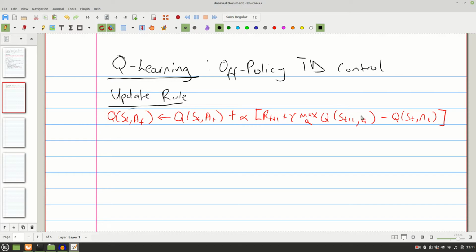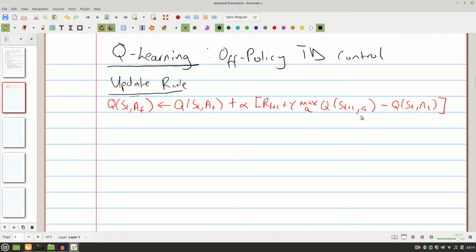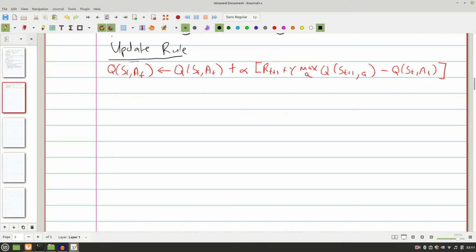Having said that, I'm going to start going through the pseudocode for this, keeping it standard as usual. This is Q-Learning, the code for that.